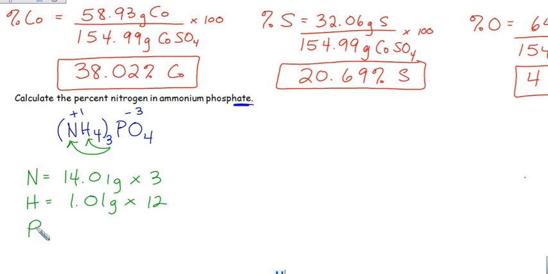There's only 1 phosphorus, 30.97 times 1, and there are 4 oxygen. 16 grams per oxygen. There are 4. That's what I'm going to plug in my calculator to get the molar mass.